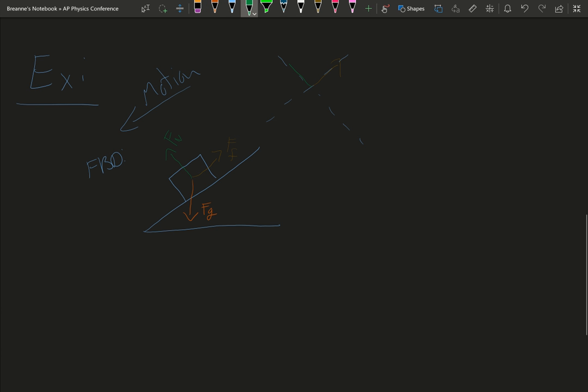Our force of normal, we don't have to change. We only have to break down our force of gravity, which makes life a whole lot easier. So we just have to figure out how much of that force is in the x direction and how much is in the y direction.